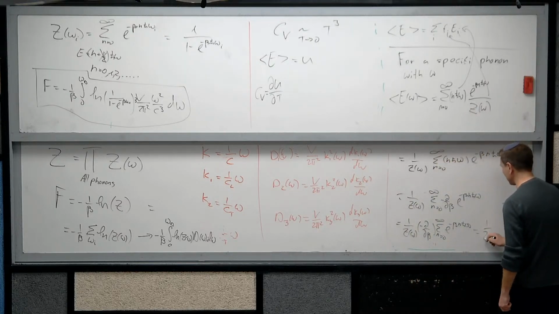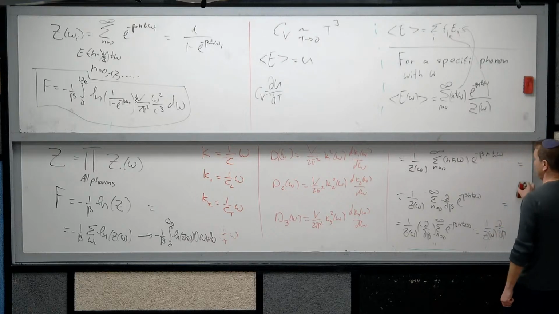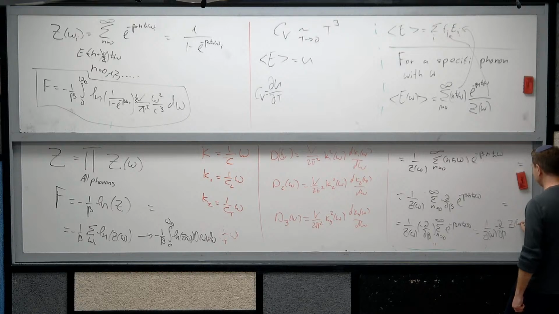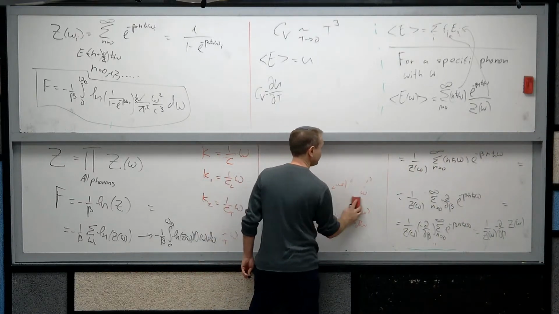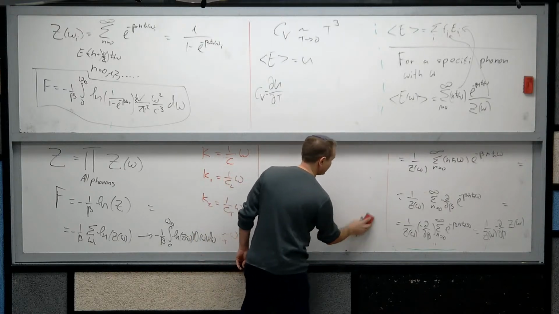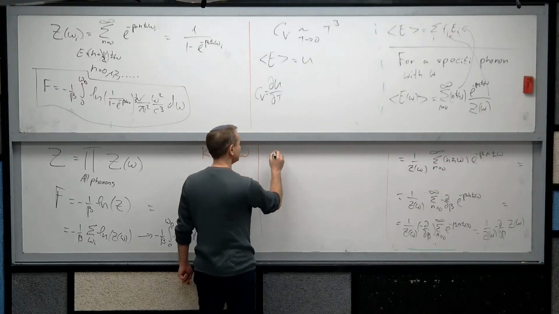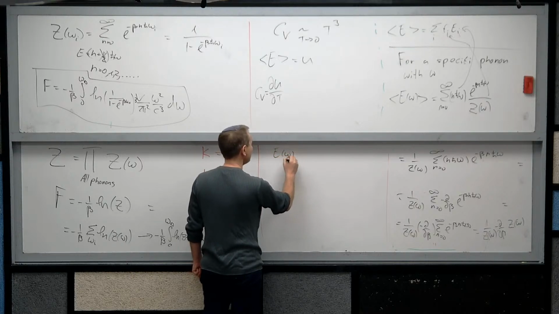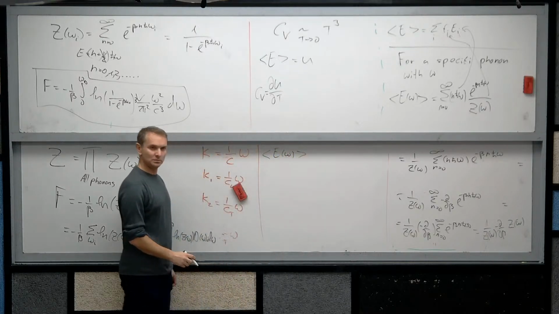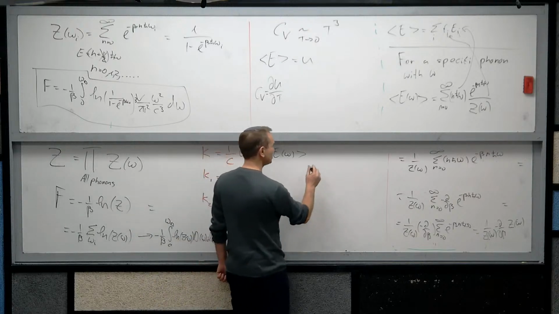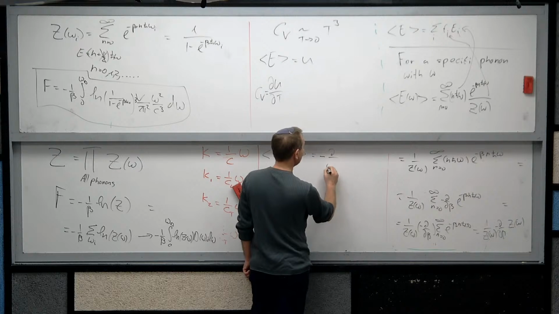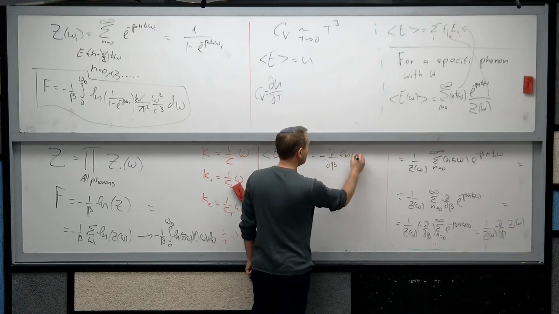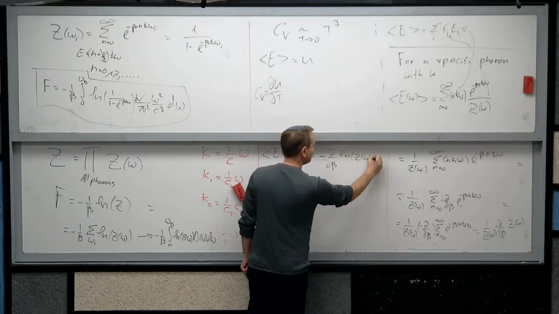So 1 over Z of omega minus d over d beta of Z of omega. So what we got is that E of omega average is minus d over d beta log of Z of omega.